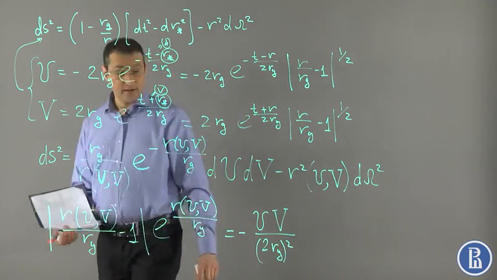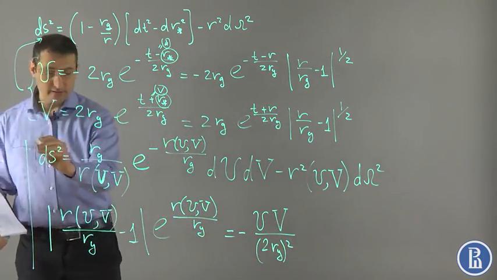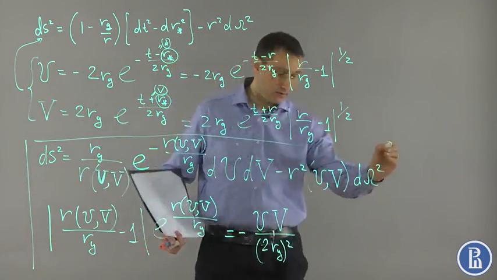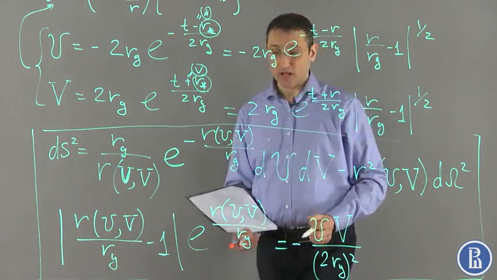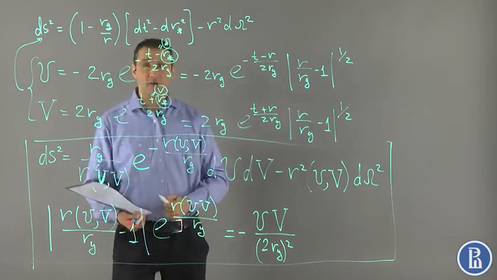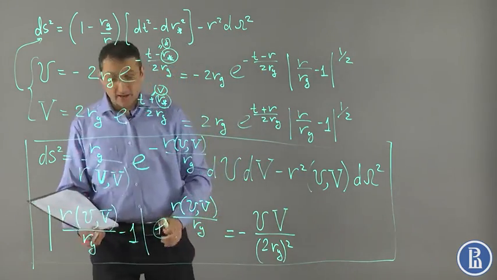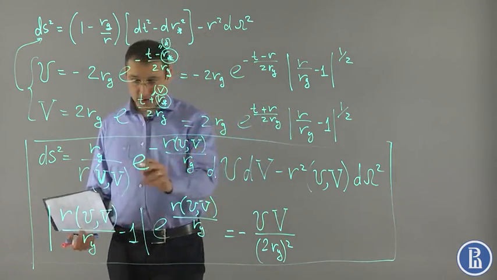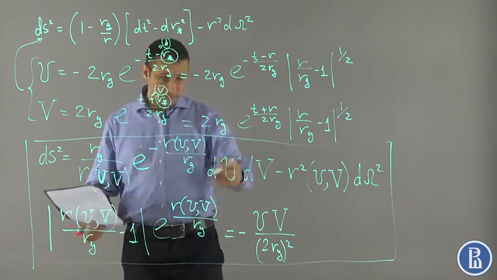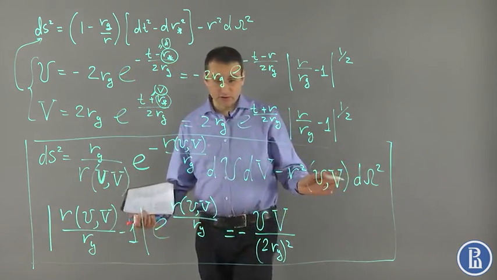So this metric is called the black hole metric in Kruskal-Szekeres coordinates. U and V are Kruskal-Szekeres coordinates. And this metric is regular. When r goes to rg, this term is regular, and everything is perfectly good.